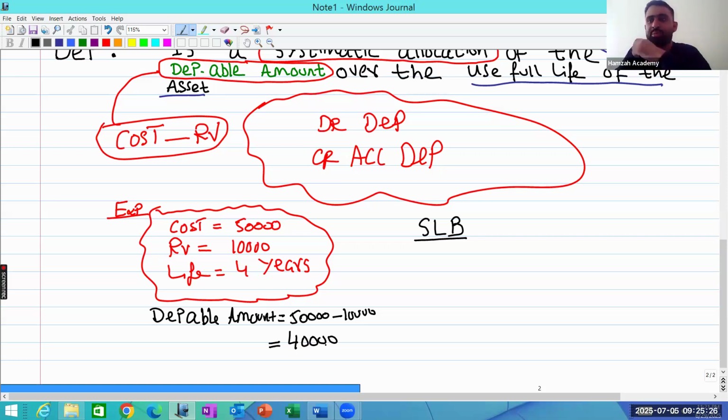This amount should be depreciated over the useful life of the asset, whether I'm using the straight line or the reducing balance method.